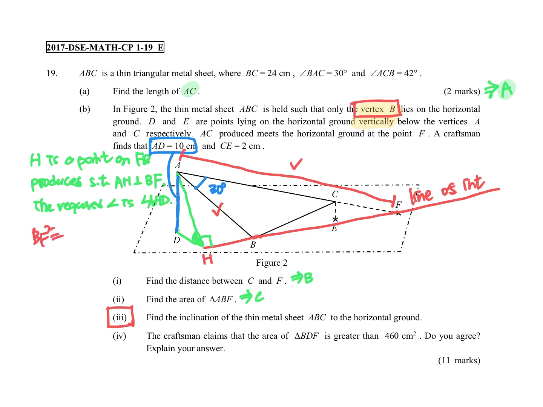In this case, BF squared will be equal to AB squared plus AF squared minus 2 times AB times AF times cosine 30.